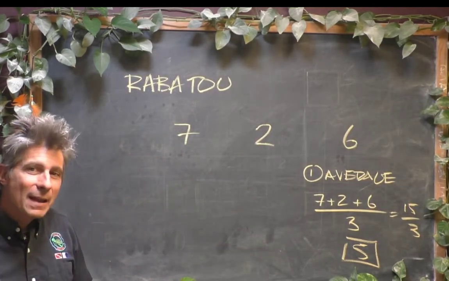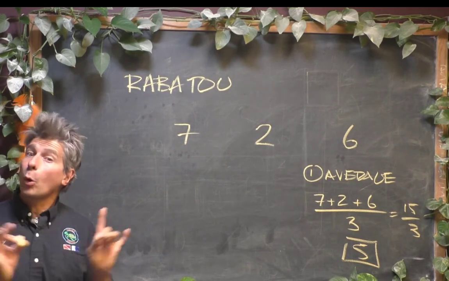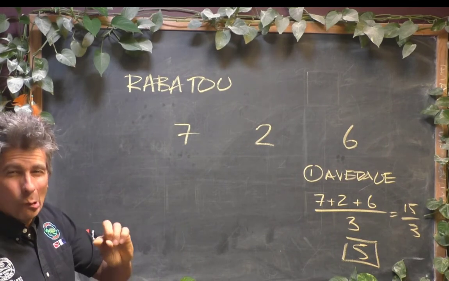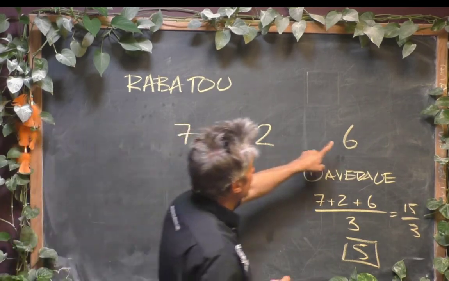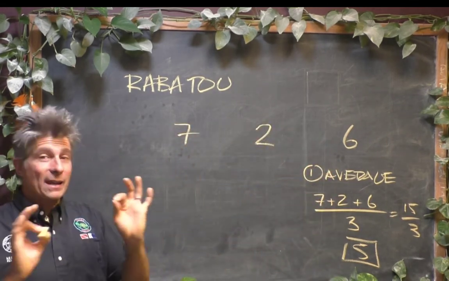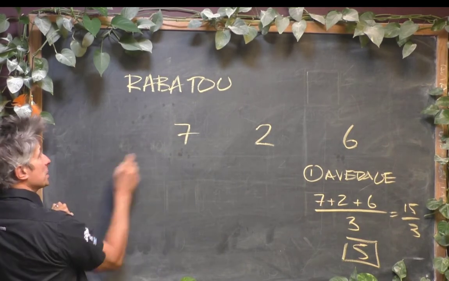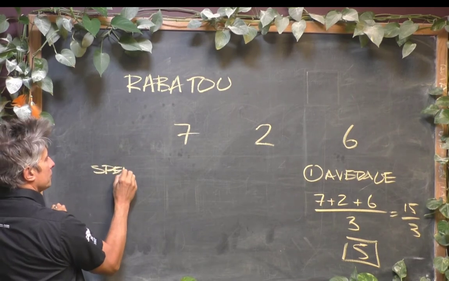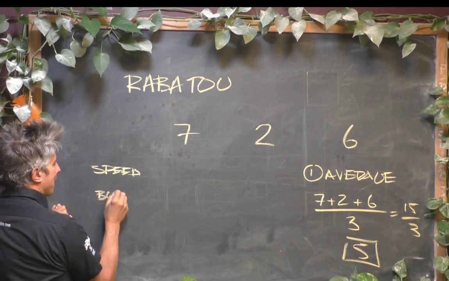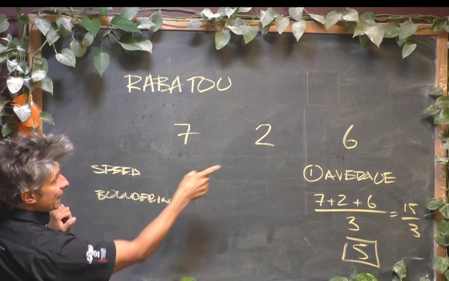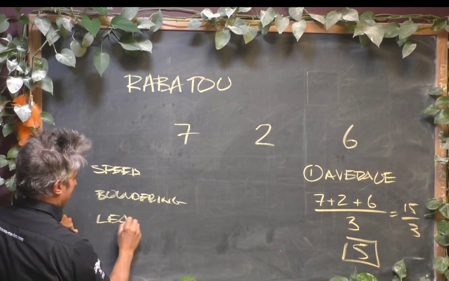Now, a way to measure consistency or inconsistency, depending on how you want to look at it, is to see how far each of these numbers is away from that average. So let's just go through the speed, and then the bouldering, and then the lead scores.